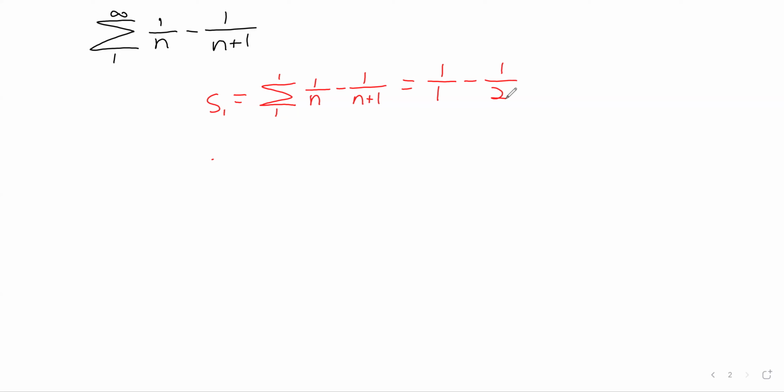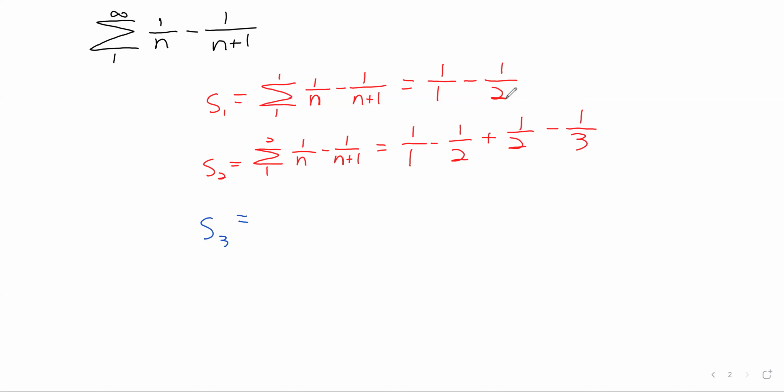The second partial sum is 1/1 minus 1/2 plus 1/2 minus 1/3. The third partial sum is 1/1 minus 1/2 plus 1/2 minus 1/3 plus 1/3 minus 1/4.